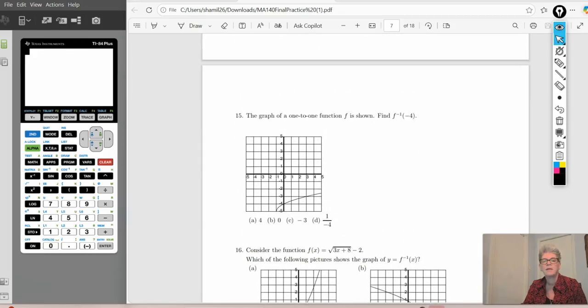Okay, now we have to be careful. They've asked you about inverses. So let me make this a little bit bigger. If you're asked about f inverse, then the number inside here is the y coordinate that you're looking for.